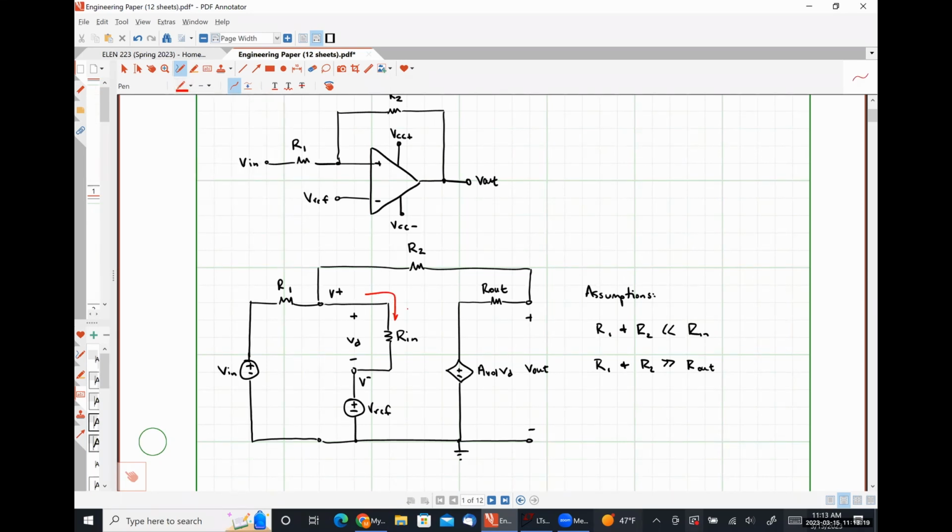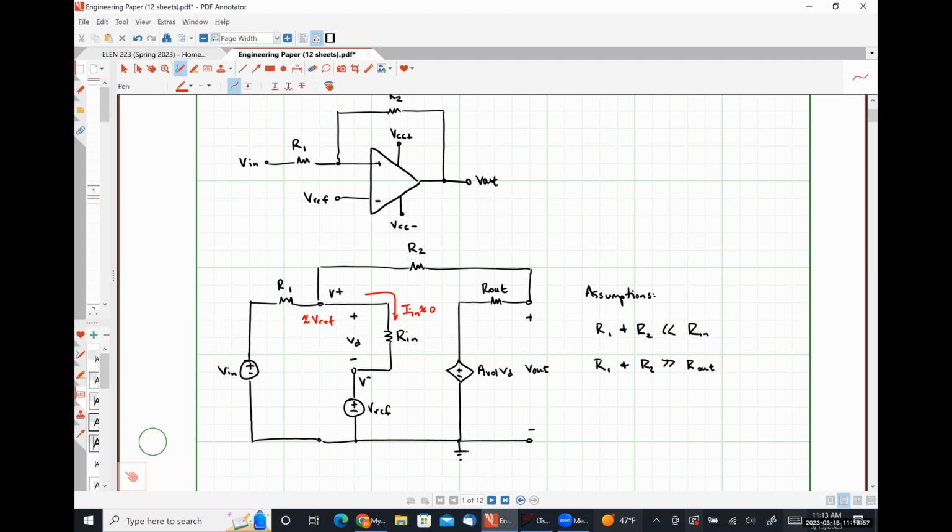This current, let's call it IN, is effectively zero. If there's no current flowing through this resistor, there's not really a voltage drop over it either. So our reference voltage is effectively here. Now we're going to write a KCL equation at this node.